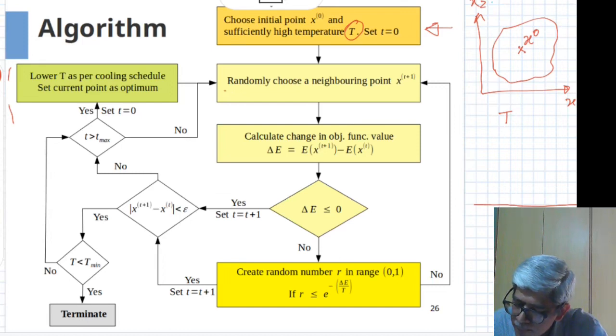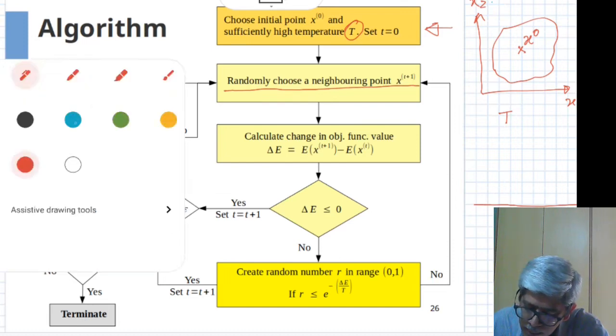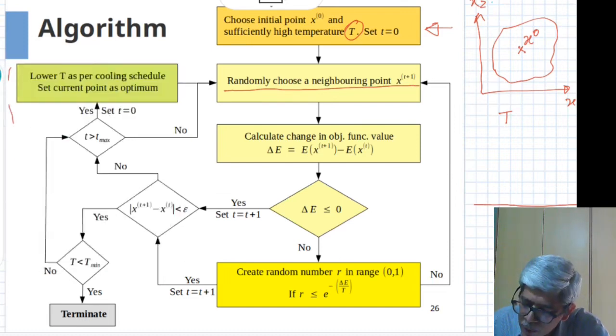The next step is, once you have chosen the temperature, you select a random point which is in the neighborhood of the initial point. You will use some algorithm; that algorithm is not critical. You can use any algorithm to choose a point x1 which is at a particular distance from the first point.